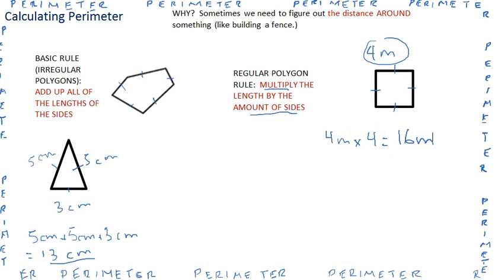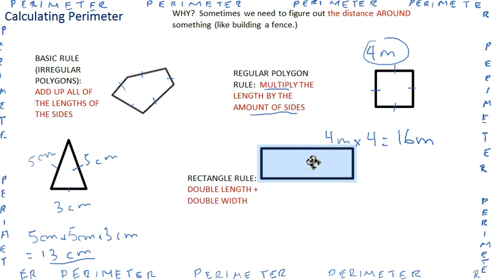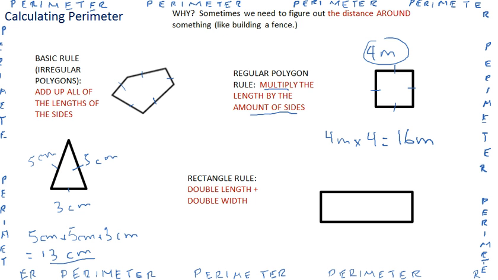The last basic rule I'll show you is what I just call the rectangle rule. Rectangles are also special, because rectangles have 2 pairs of equal sides. So these 2 sides are equal, and these 2 sides are equal. So I don't need to know all the lengths of all the sides because 2 of them are equal anyway.